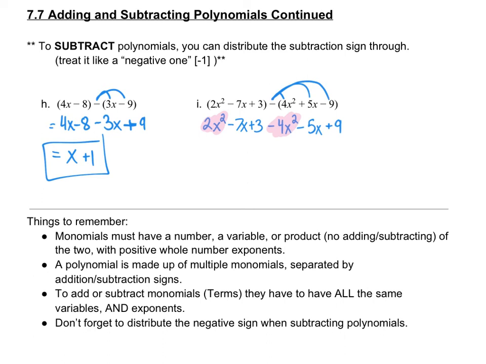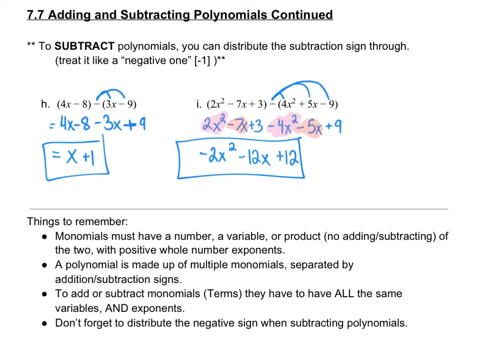Remember, same variable, same exponent. So 2 minus 4 is negative 2x squared. Next, let's look at the regular x's. So I have a negative 7x minus 5x. Negative 7 minus 5 is negative 12x. And then lastly, the 3 plus 9 gives me plus 12. So negative 2x squared minus 12x plus 12.